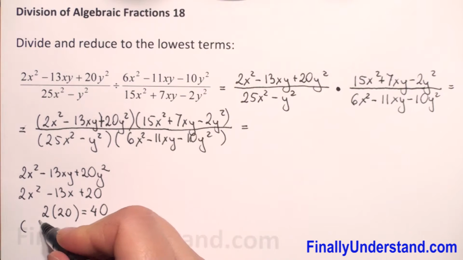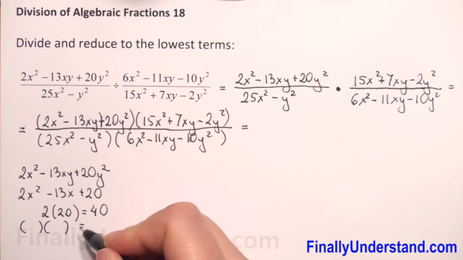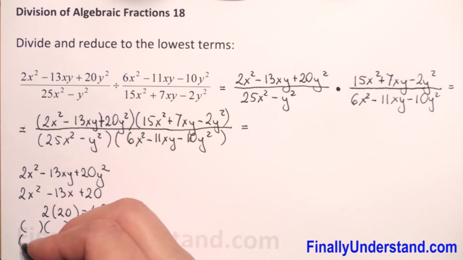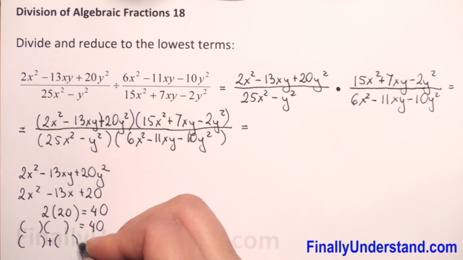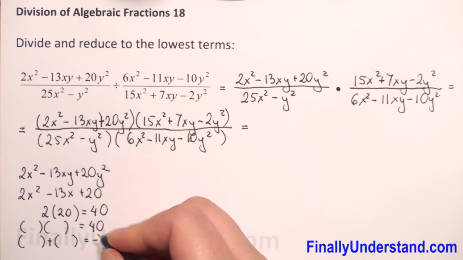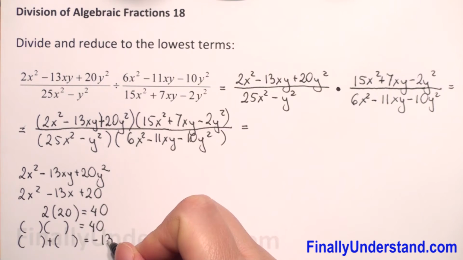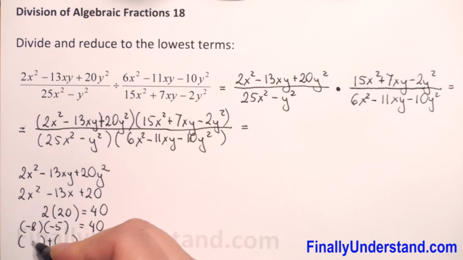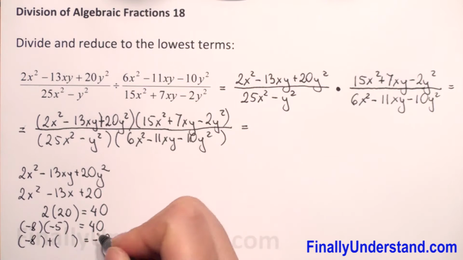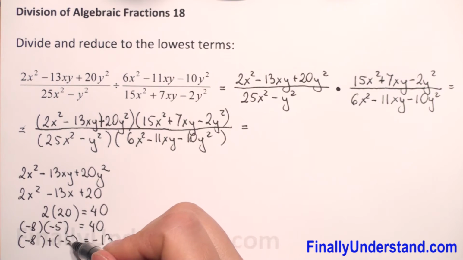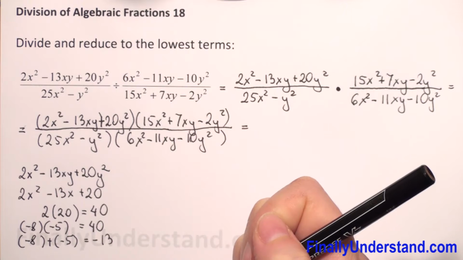Now I have to find two numbers which I multiply and I will have 40, and when I add these two numbers I will have negative 13, the coefficient before x. So it will be negative 8 and negative 5. Negative 8 times negative 5 is 40 and negative 8 plus negative 5 is negative 13.